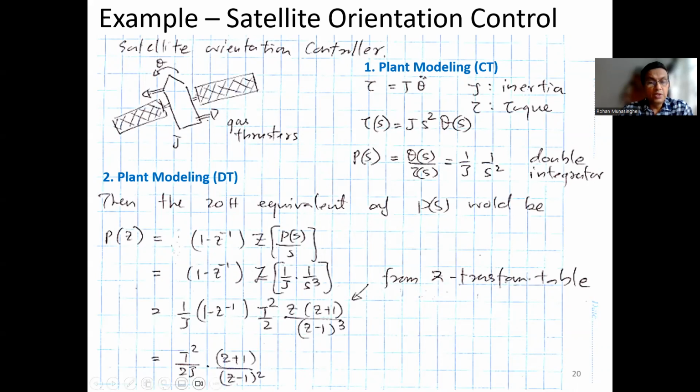Once you put it in a nice looking manner, you can see that you multiply the whole thing by Z squared, I think.